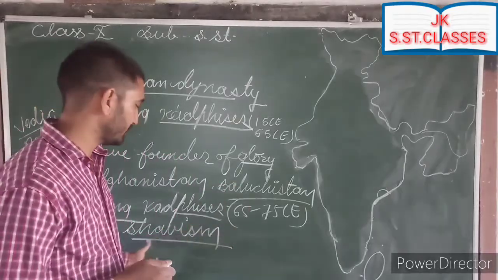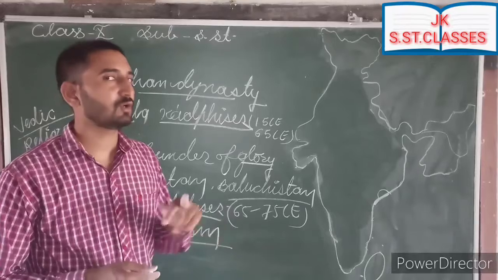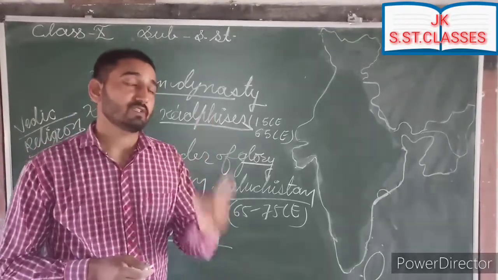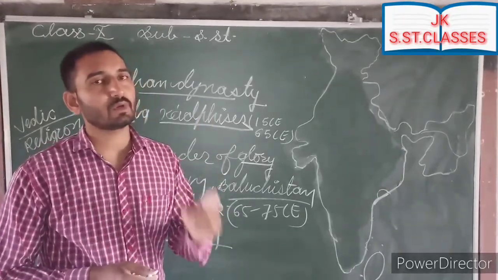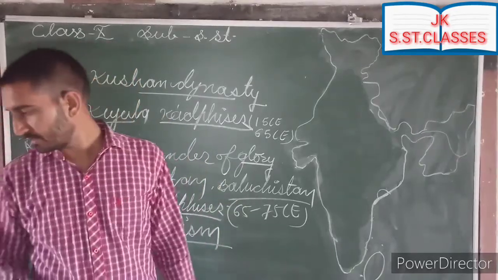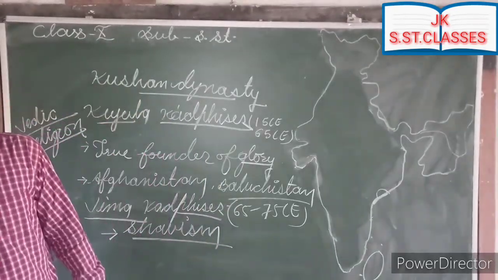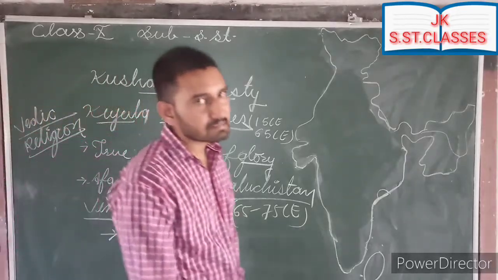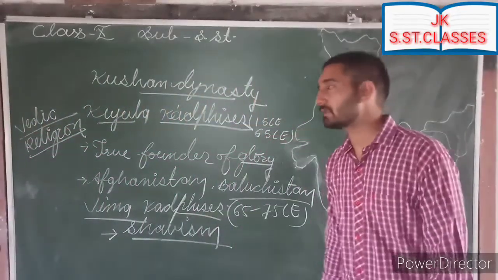Okay, so in this way you can say that he was the follower of Saivism, and along with that the next point is he was the first Indian ruler who issued gold coins with the name of the rulers. Okay, now after that, third and the most important ruler of this dynasty, which is Kanishka.